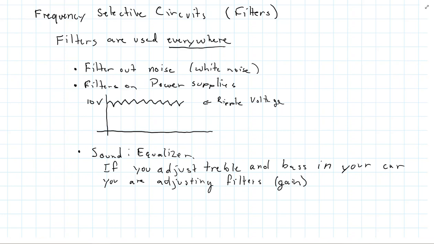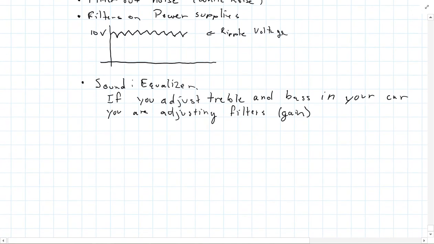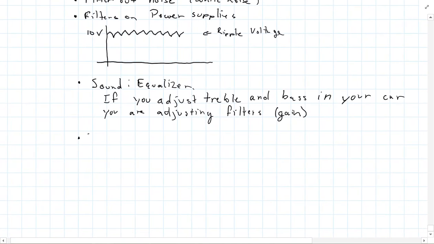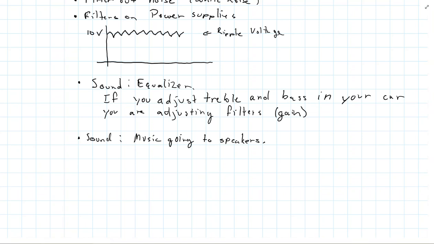So there's also a lot of other uses, not just with equalization, we can even put it here with sound, music going to speakers. If you've ever seen a box speaker that has more than one speaker in it, there's going to be a bigger one, that's the subwoofer that the low frequencies go to, and there's going to be a really small one.